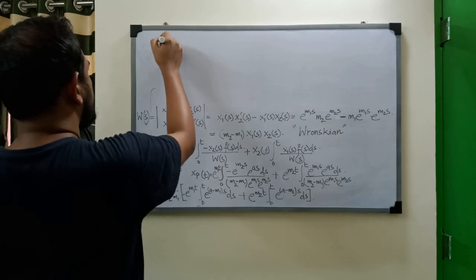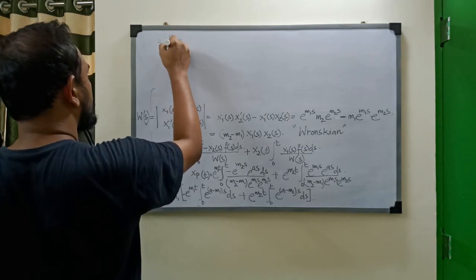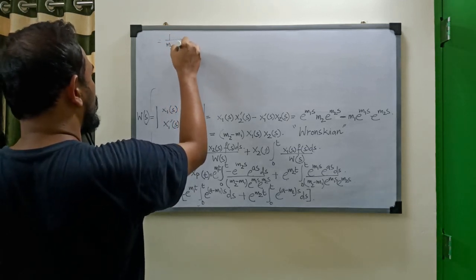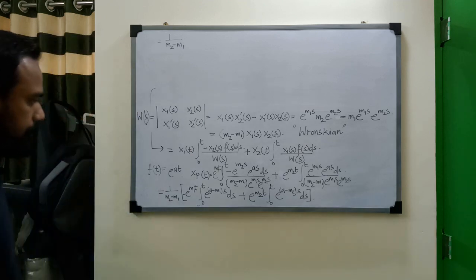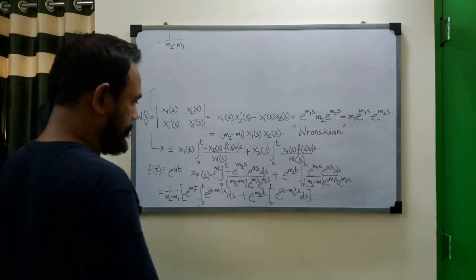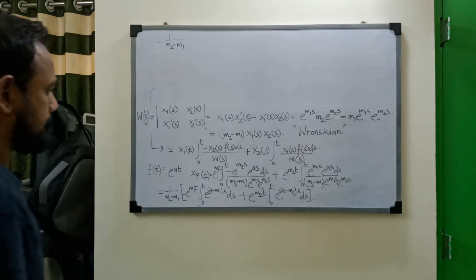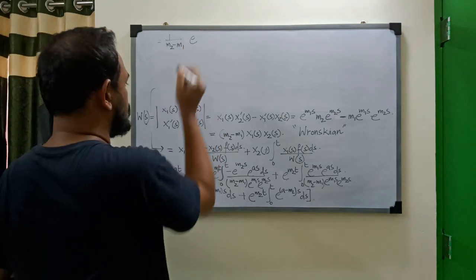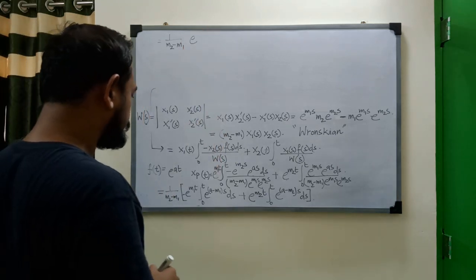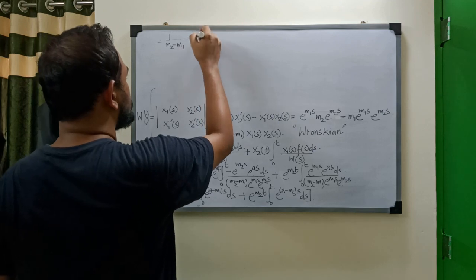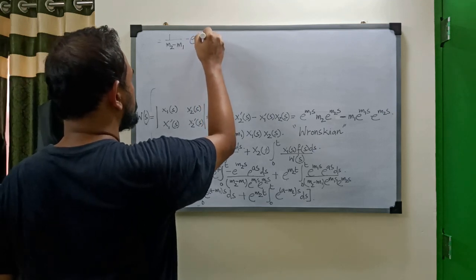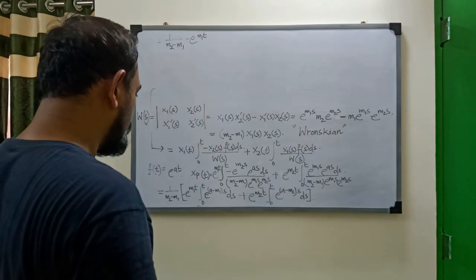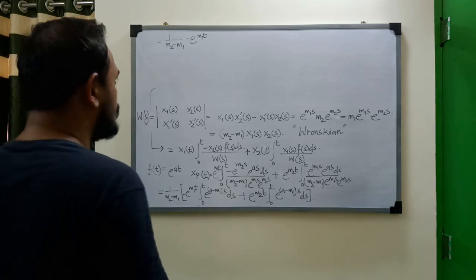So this is 1 over m2 minus m1, negative e to the m1t. What's the integration of this one?